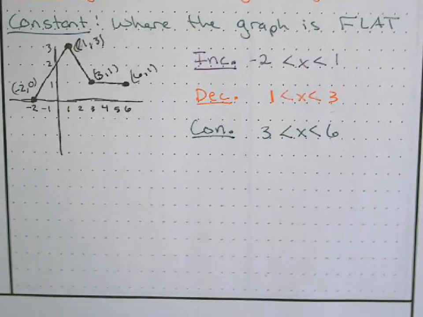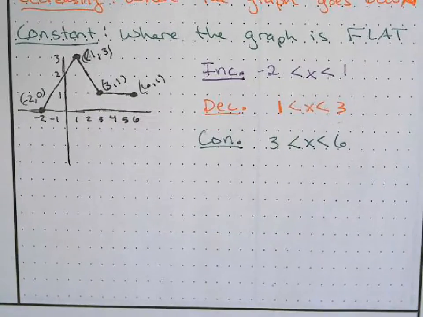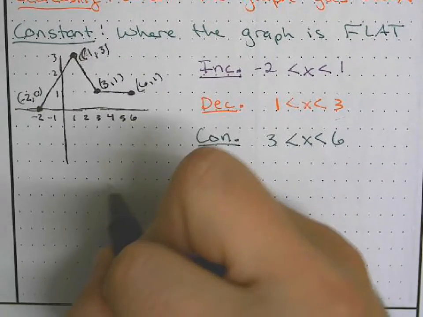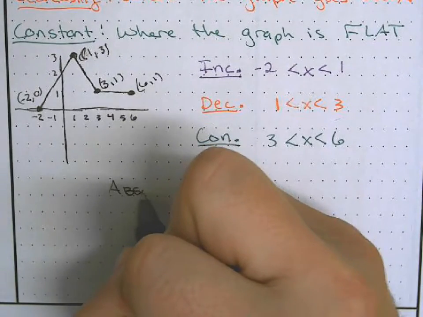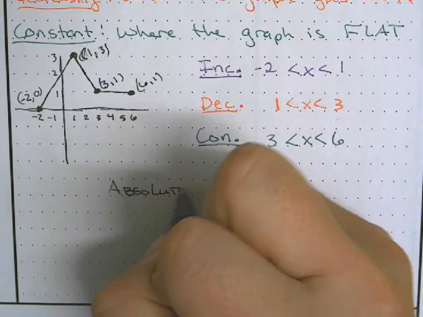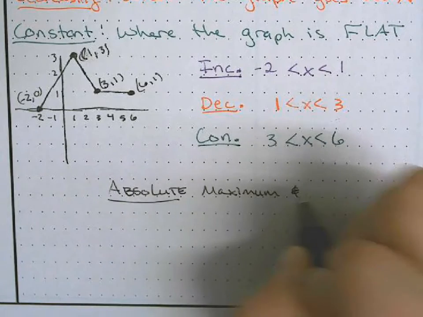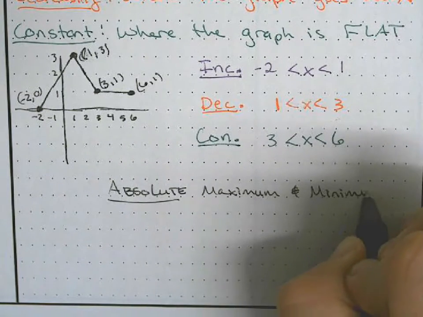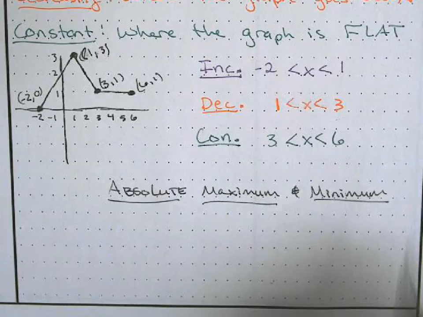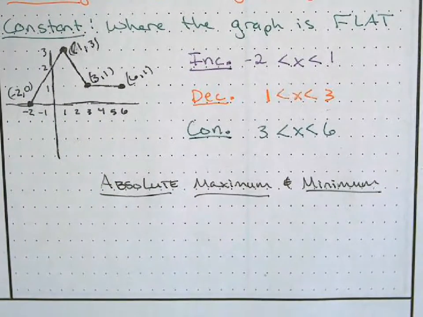The next idea I want to talk about is absolute maximum and minimum. So we're talking about a maximum point and a minimum point.